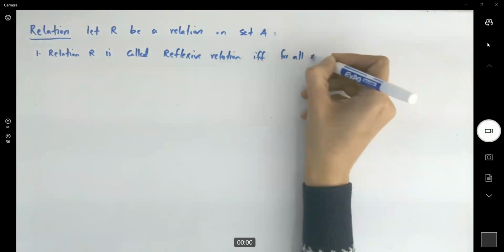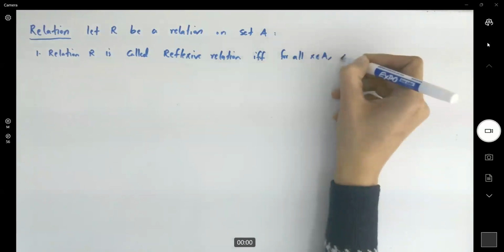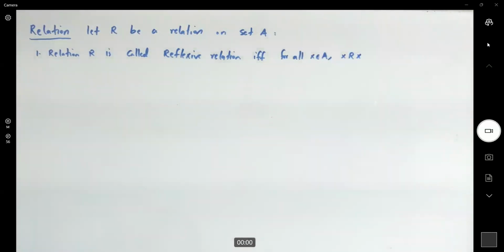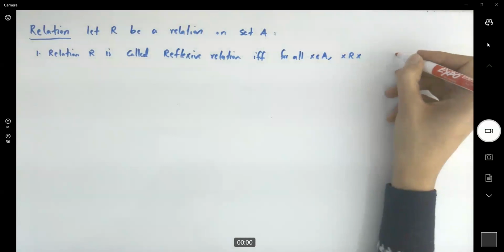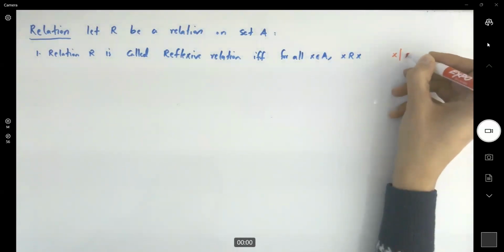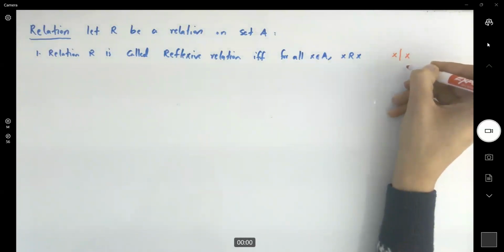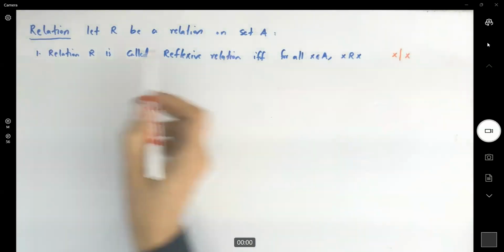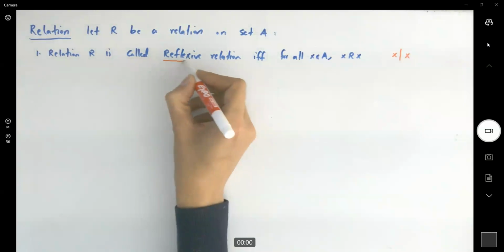For all x in A, x is in relation with x. For example, remember we talked about divisibility. X divides itself. Am I right? So divisibility is an example of a reflexive relation.